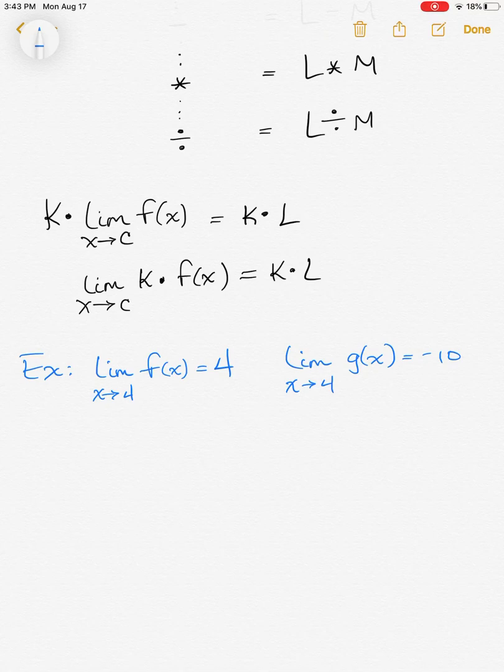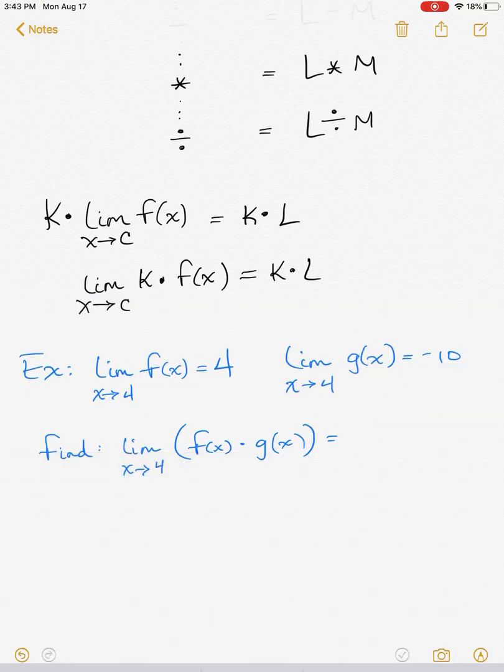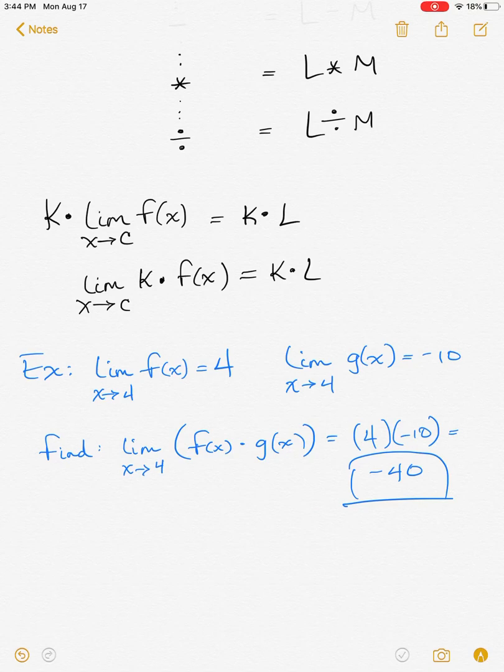The problem says find the limit as x approaches 4 for f of x times g of x. You look at that, both of those approaching the same thing. You look at the limits, and the limits are 4 times -10, which is -40. Boom, too easy.